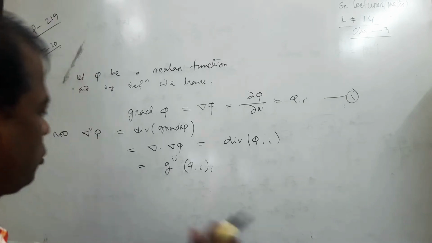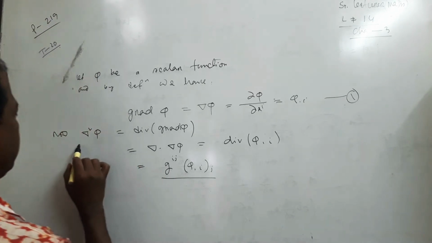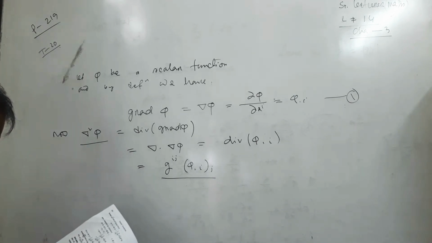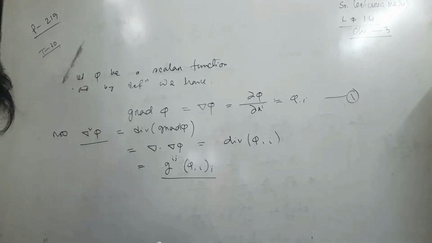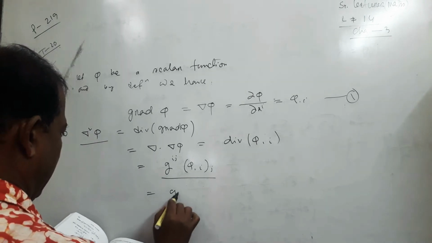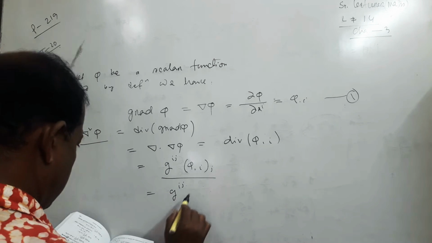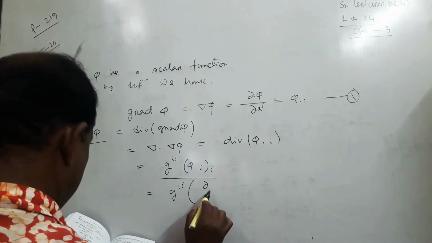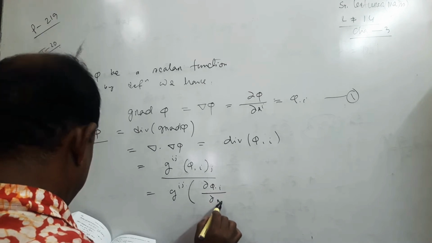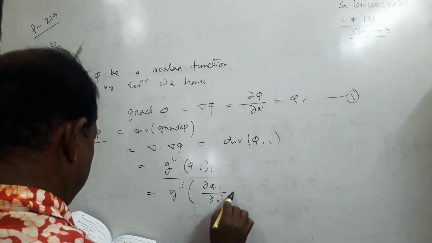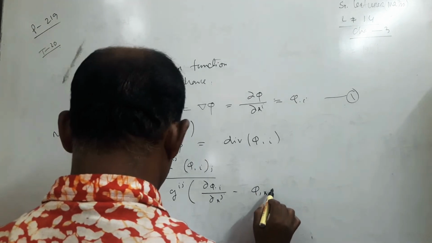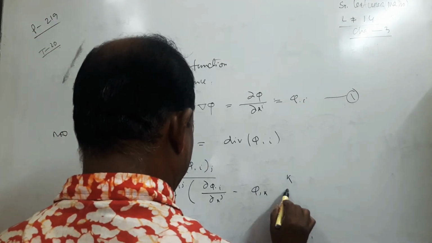It is also denoted thus, Laplacian of phi, g^{ij} del phi comma i divided by del x^j minus phi comma k Γ^k_{ij}.